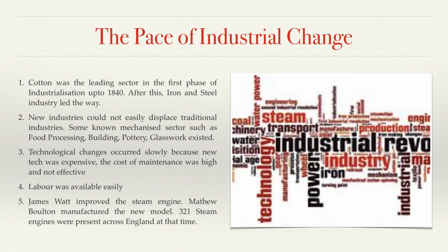We see how the industrial change occurred, meaning the pace of industrial change. First of all, cotton was the leading sector in the first phase of industrialization up to 1840. After this, the iron and steel industry led the way. New industries could not easily displace traditional industries.